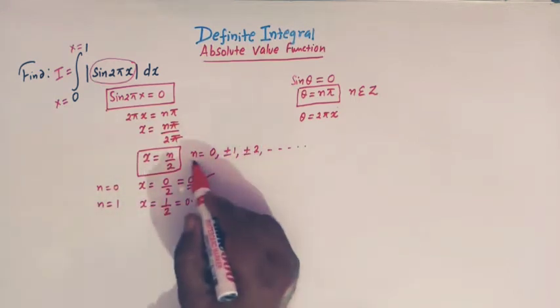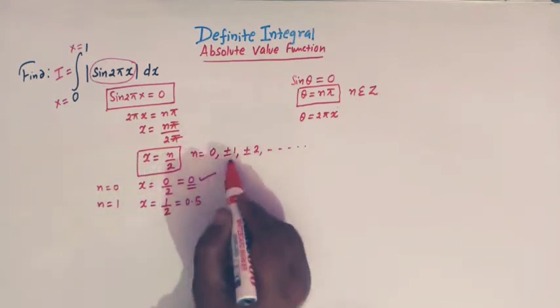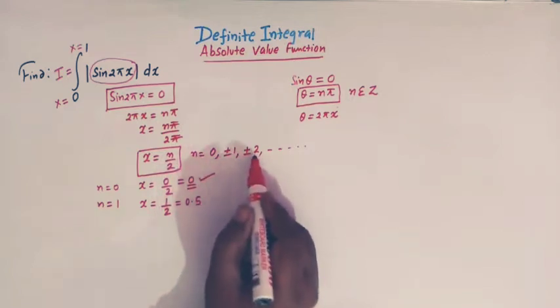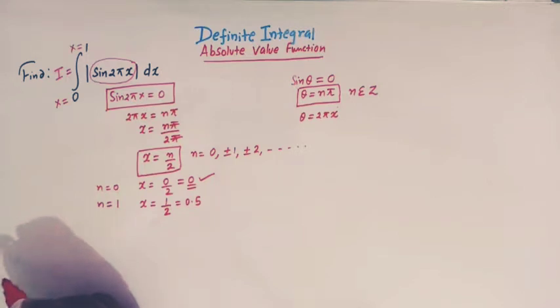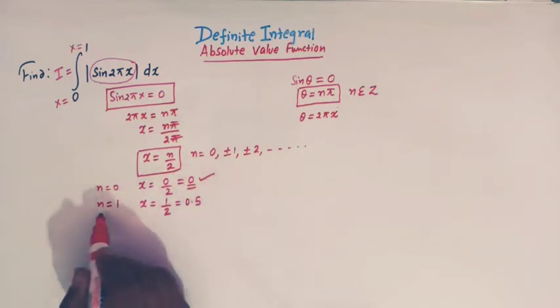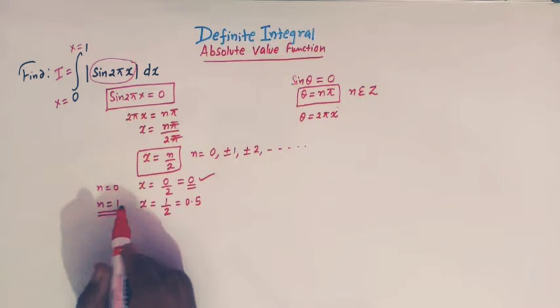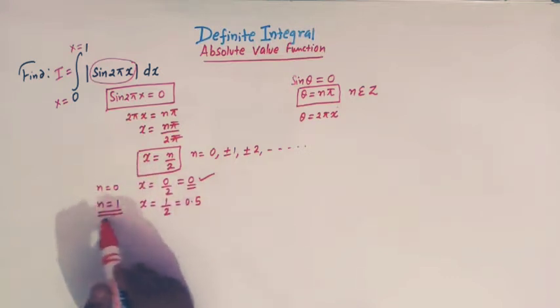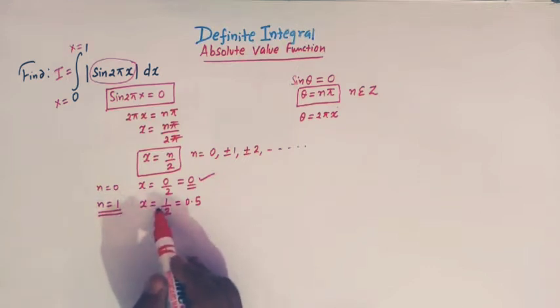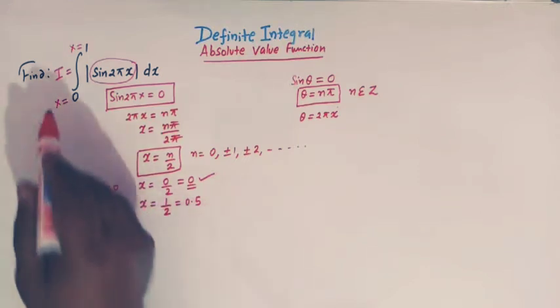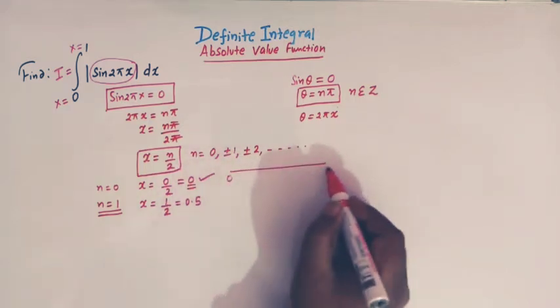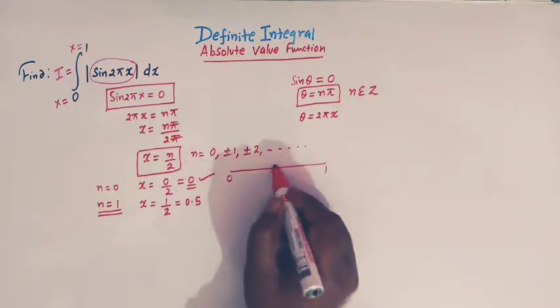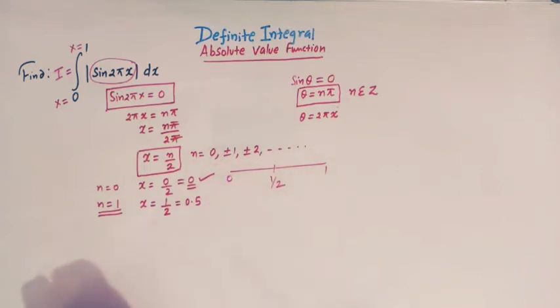Similarly, if we take n is equal to minus 1 or minus 2, then we get different values of x, but we are interested only in the value of x which is obtained by putting n is equal to 1, because it gives x is equal to half, and half lies between 0 and 1. Here we have 0 and here we have 1, and half lies between 0 and 1.